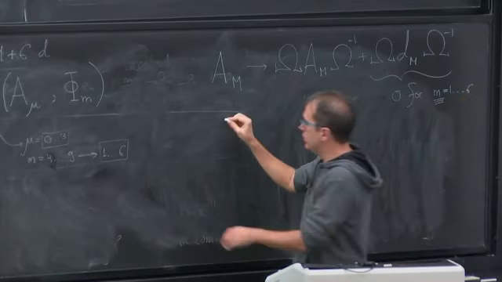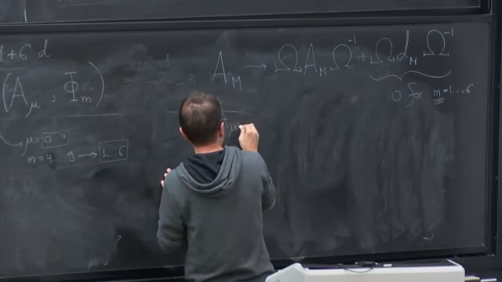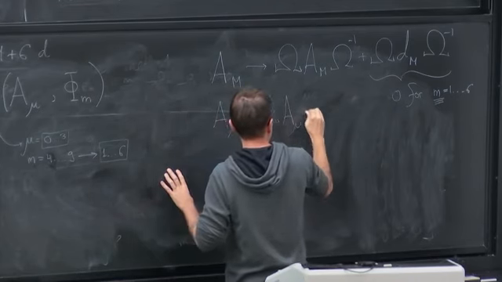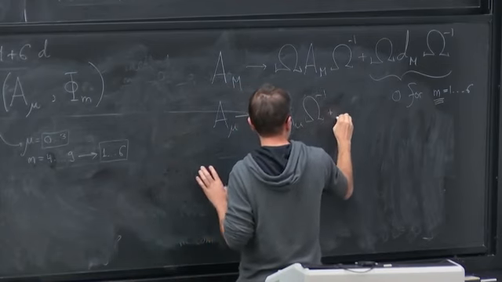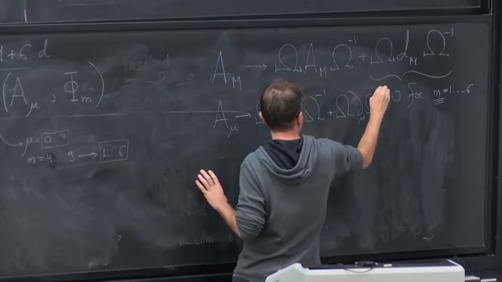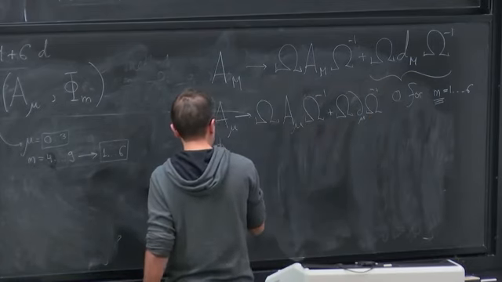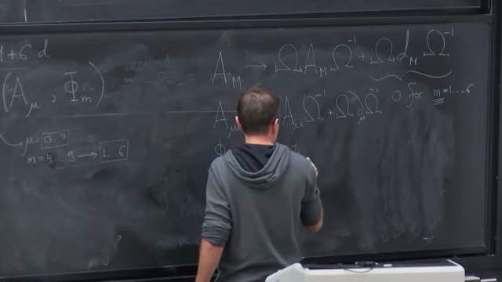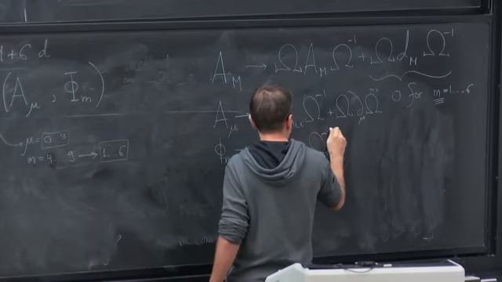So A_μ transforms as A_μ goes to ω A_μ ω^-1 plus the usual connection term. But the scalar, φ_m, just transforms as ω φ_m ω^-1.